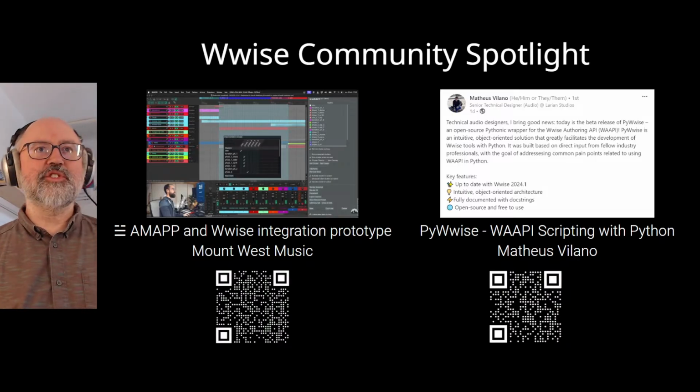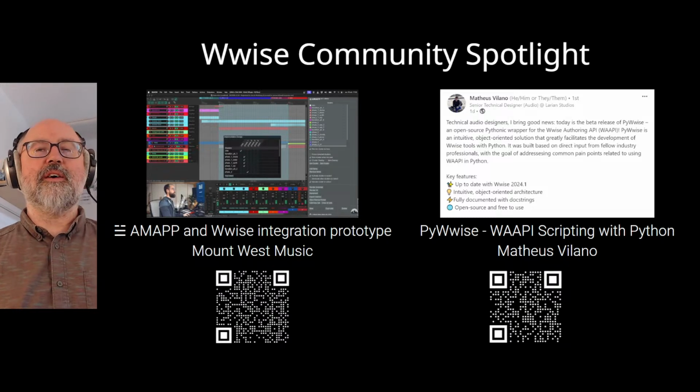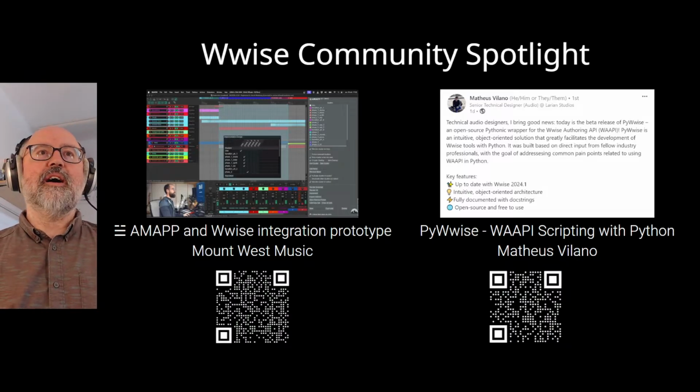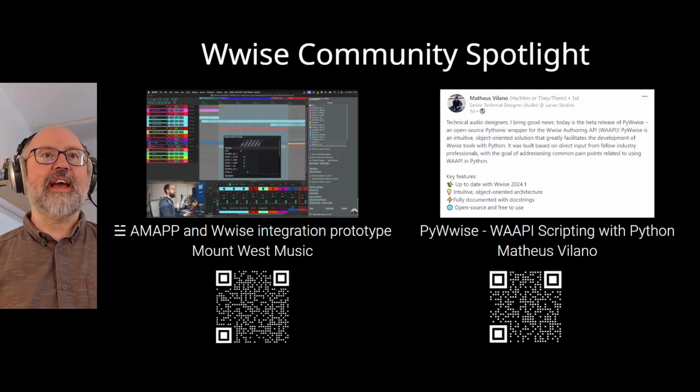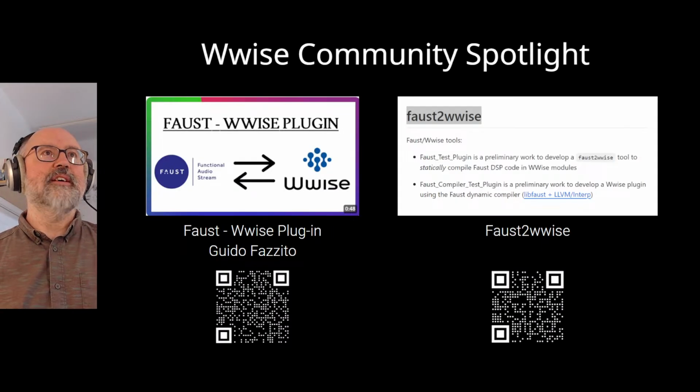So if you're interested in WAPI and have started feeling your way into that powerful set of tools and want to leverage that as part of a Python workflow, it's definitely something to check out from Mateus.